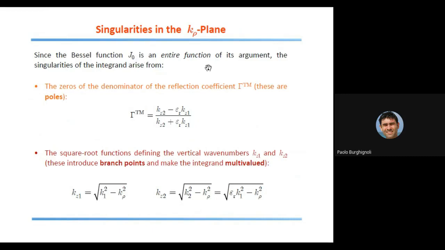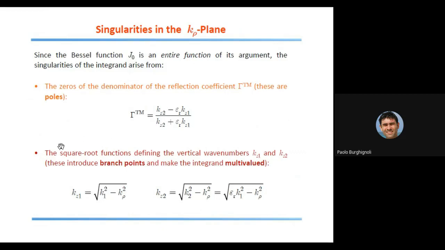So the singularities may only arise from the remaining part of the integrand, and in particular from the zeros of the denominator of the reflection coefficient, gamma TM. And as you know, the zeros of the denominator of a rational function are poles, so we have poles.